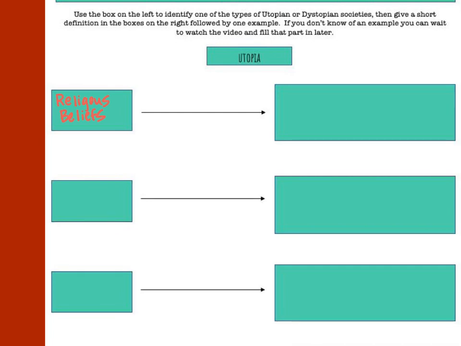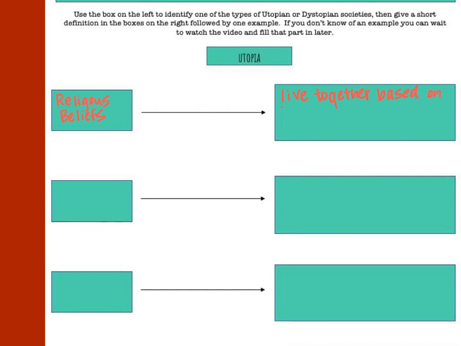So for utopias, some of the types might be ones for religious beliefs. So you would come and you would live together if you had the same religious belief. That could be because you are religious or you're not religious. But either way, maybe you're tired of religion arguments, so you want to come live together.